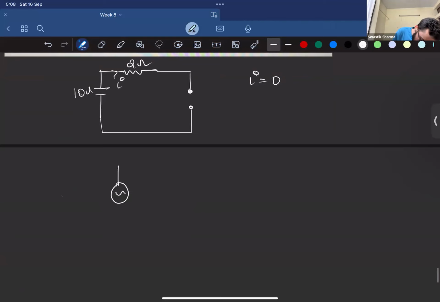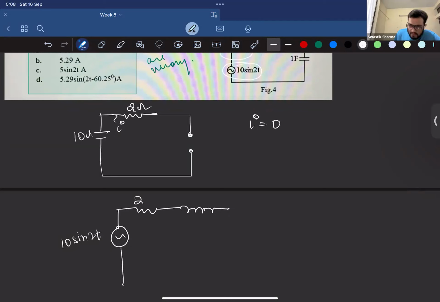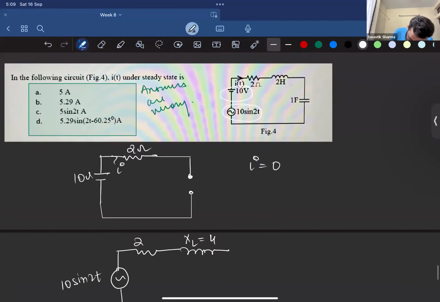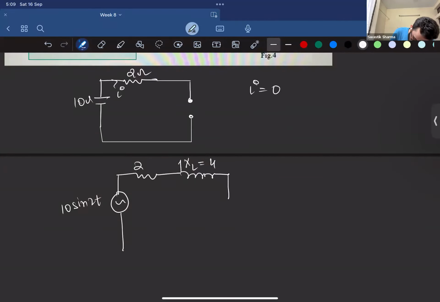Now, since the waveform of voltage is changing with sine, if we represent omega, it would be 2, and the impedance of an inductance is given by omega L, right? So we represent it as XL, which is omega L. Omega is 2, so XL is going to be 4, that is jXL, j4.